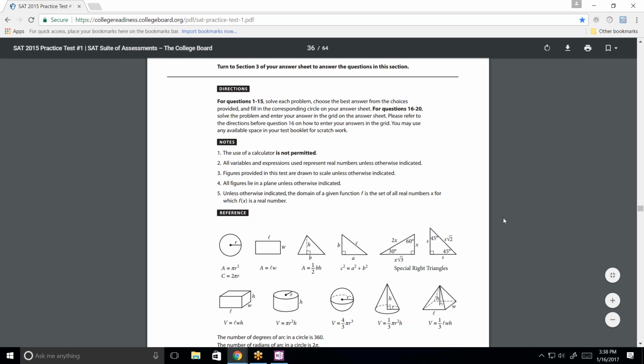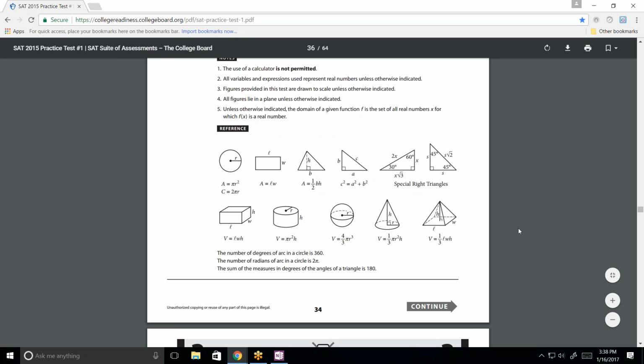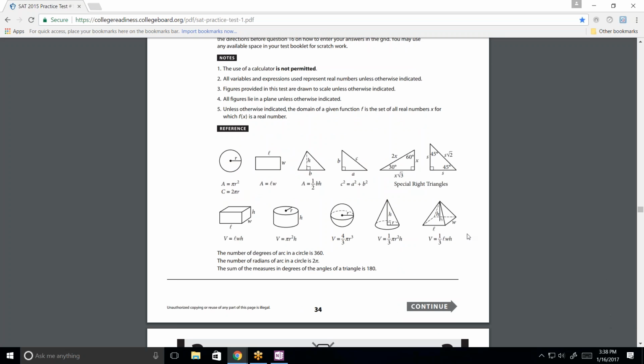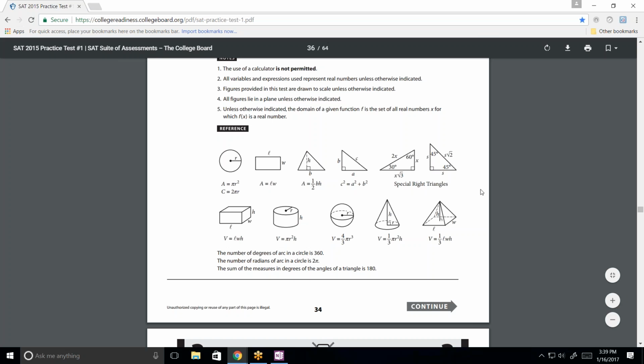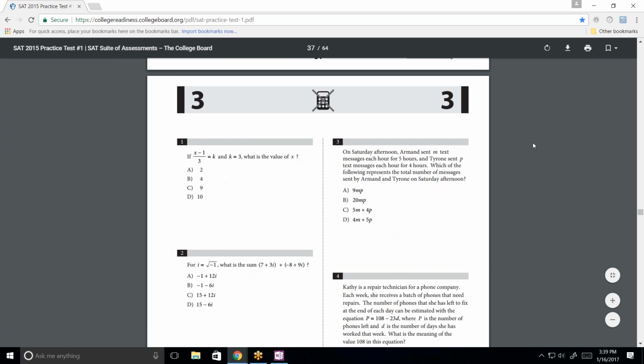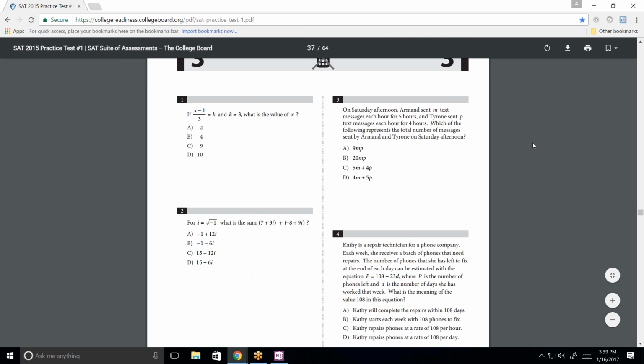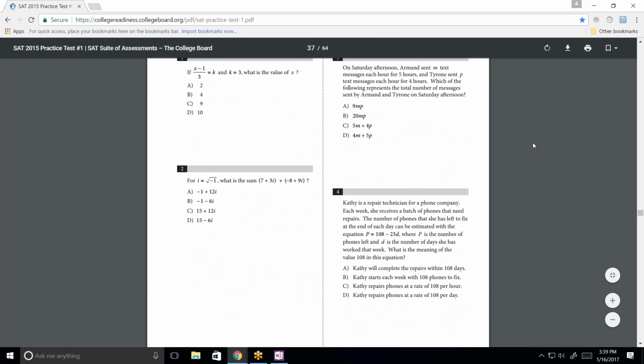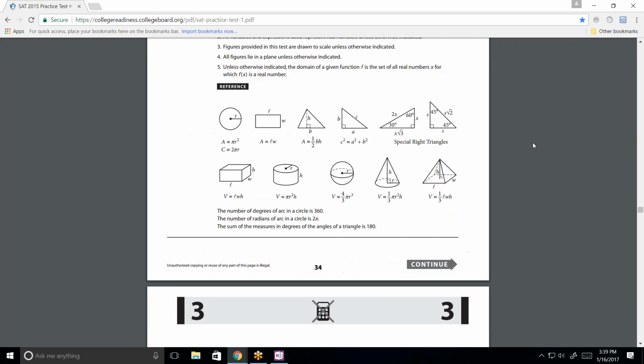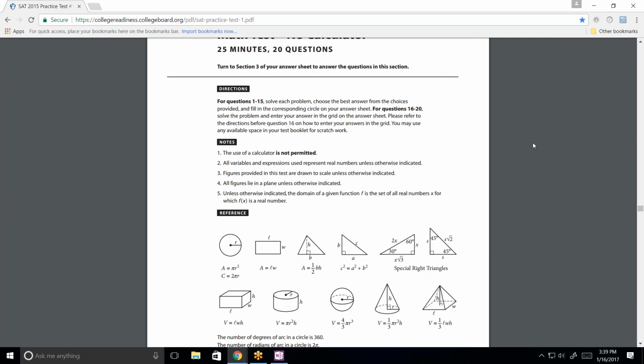So you don't have to really worry about memorizing these, although I would still suggest you do, because these are so common that you want to know them. This one, incidentally, is the one put out by the College Board, the people that make the SAT. This is their practice test.